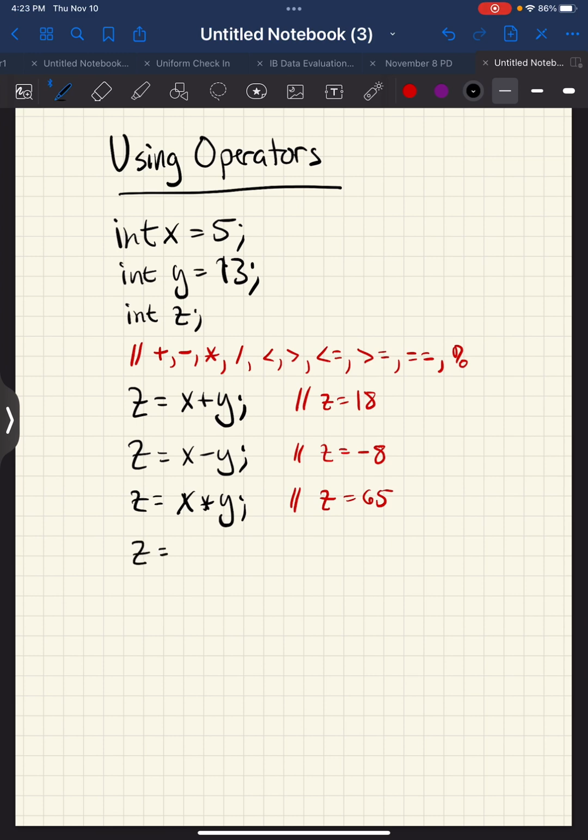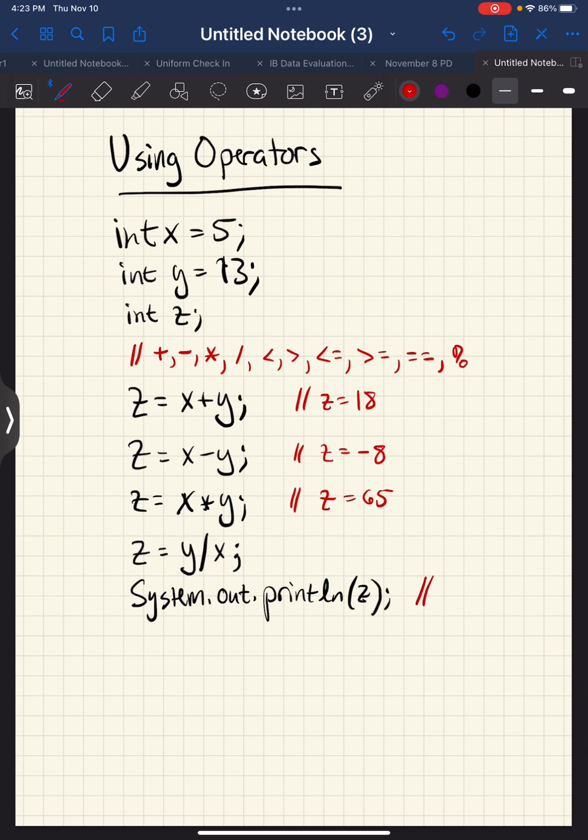Now here's one that may be a little bit unusual to you. If I say z equals y divided by x, and then I say system.out.println z, what's going to get printed out? Well, if we take an integer divided by an integer, you have to go back to elementary school when you first learned division.